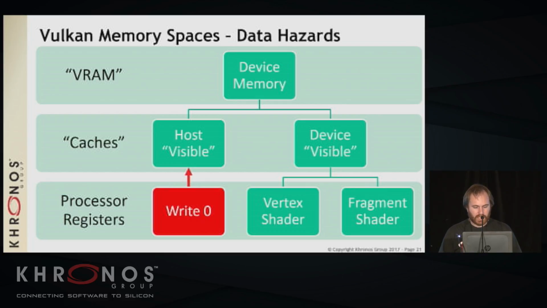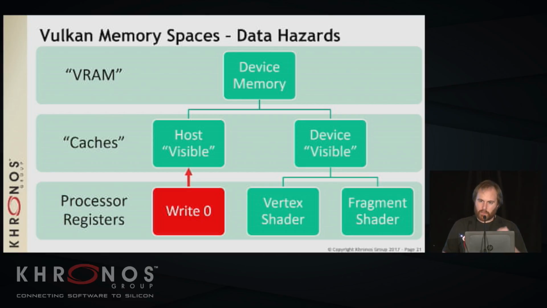So if I take a look at how you would do a write to get some data from a CPU to a fragment shader, for instance. If I do a write on the CPU, this is going to be to a memory pointer. For simplicity, let's consider you've allocated a buffer and you've mapped the memory for that buffer, and that's what you've just written a piece of data to, a dword or whatever it is you want.